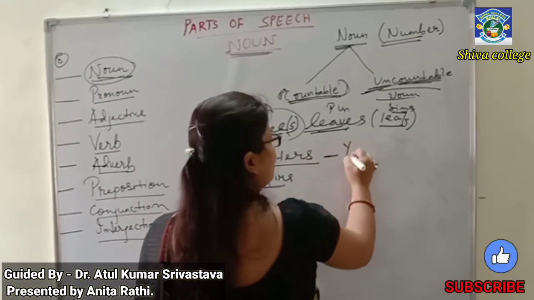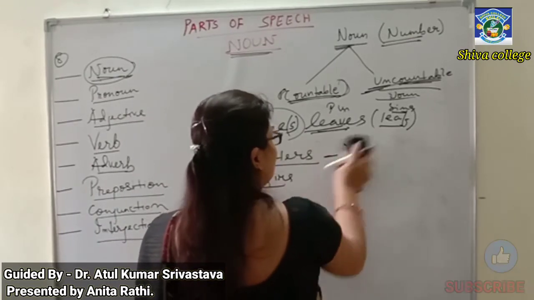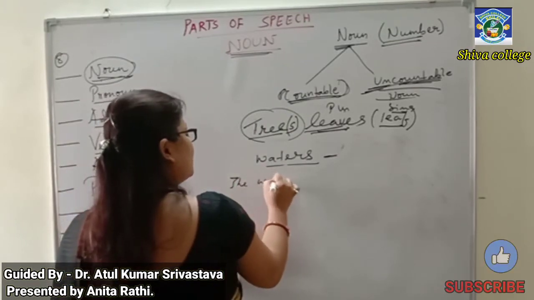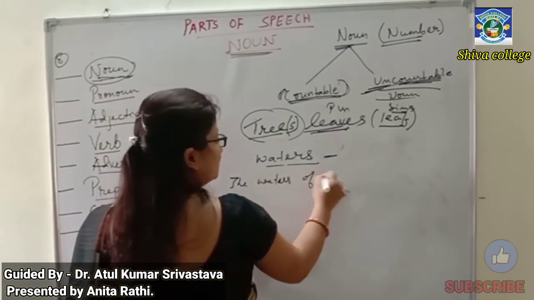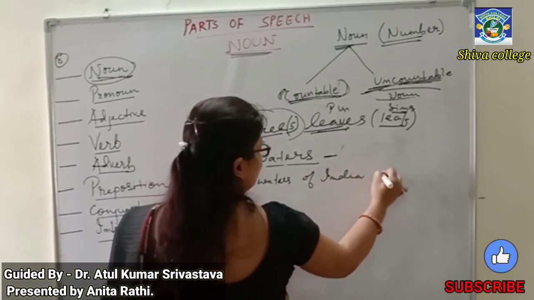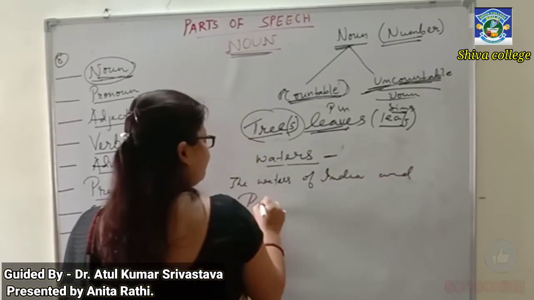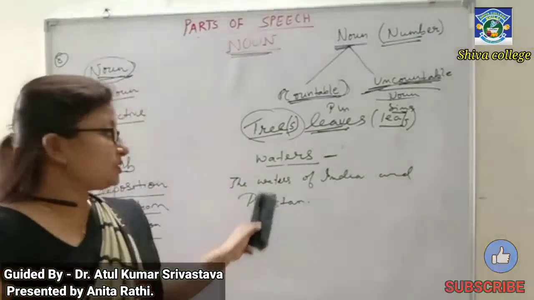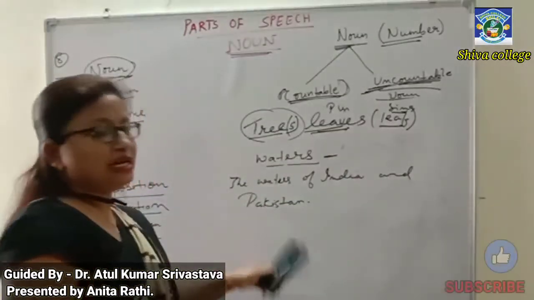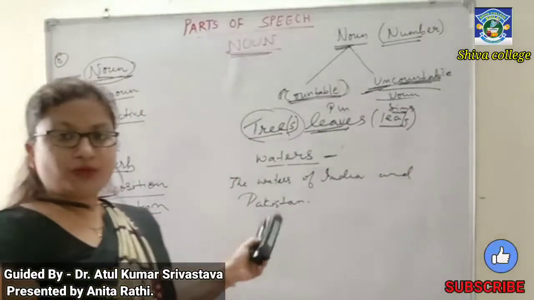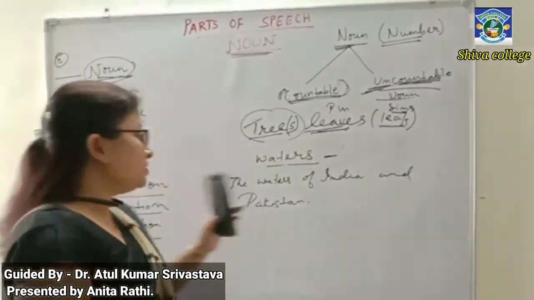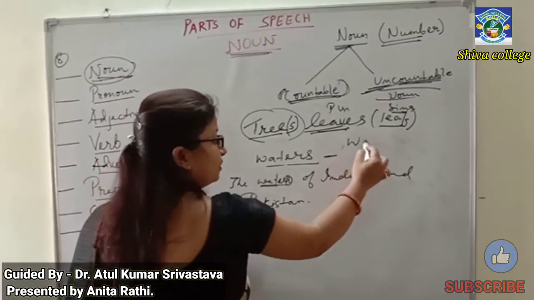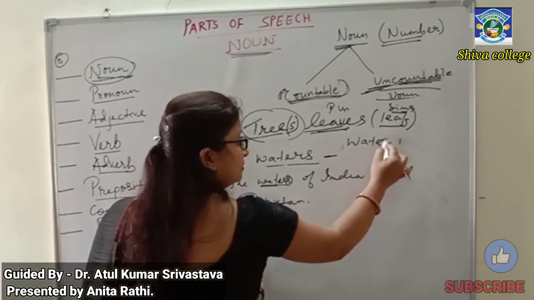Suppose water: the waters of India and Pakistan are talked about. That means we are talking about the waters of India and Pakistan. So here you will say that you have used the letter S. That means for water you have written waters.